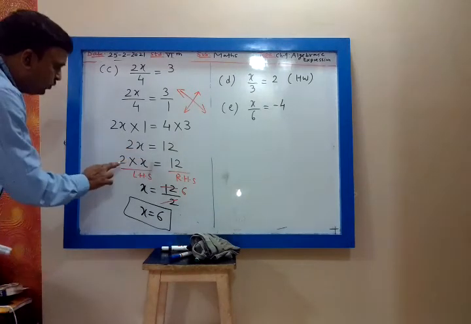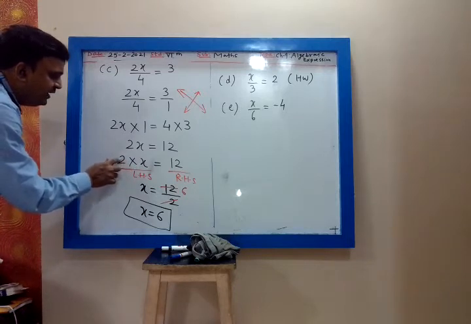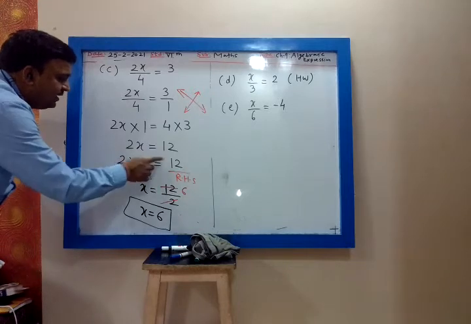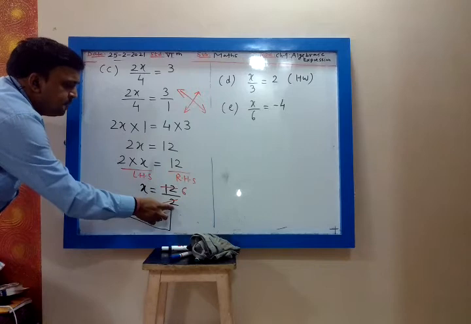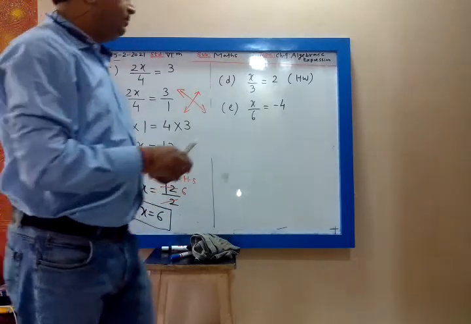Now 2 is there in the multiplication on the left hand side. Now I will change the side of 2. From left hand side, I will take 2 to the right hand side. So 2 will go in the division. So that will become 12 upon 2. 2 ones are 2, 2 sixes are 12. So x is 6.